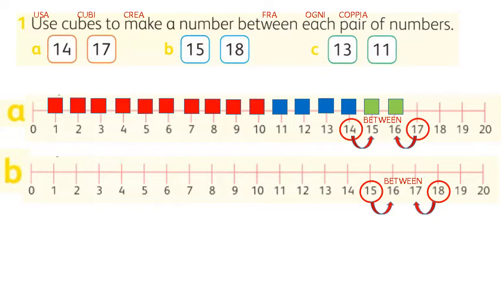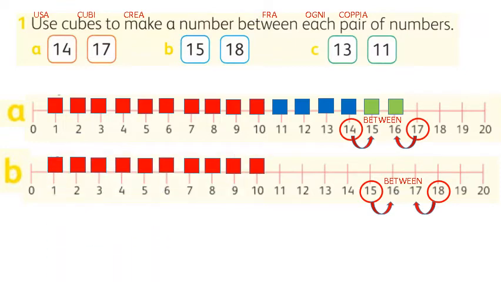So these two numbers are between, 16 and 17. So with our cubes, let's make 10, 11, 12, 13, 14, 15, 16, and 17. 16 and 17 are between 15 and 18.